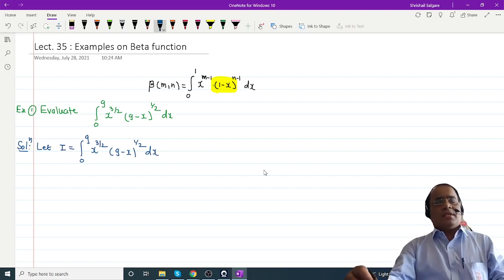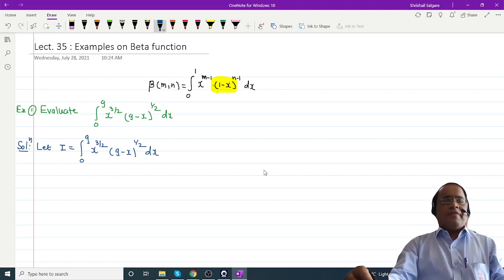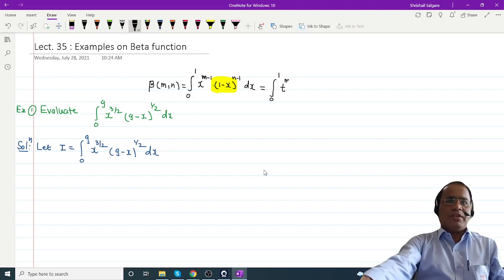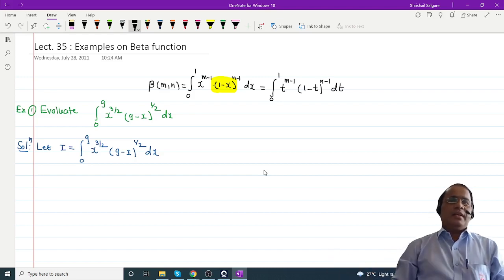So what is my target? If any bracket is there, I have to reduce it to 1 minus t, or the same definition I will write as integral 0 to 1 t raised to m minus 1 into 1 minus t raised to n minus 1 dt, because definite integrals are independent of the parameter.